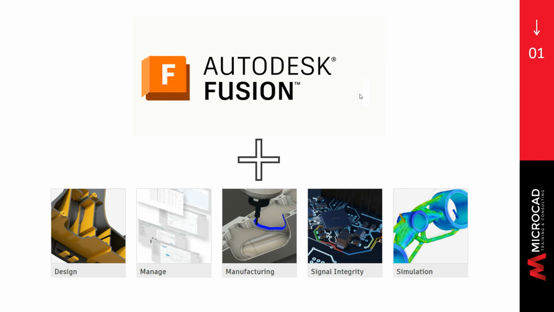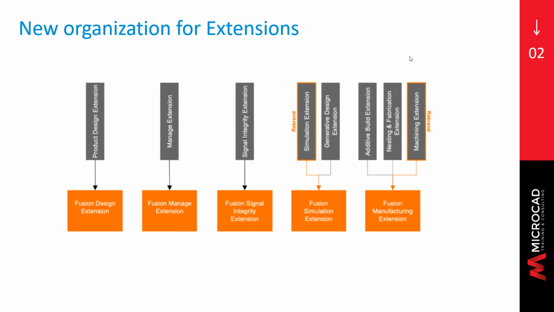So some of these names might be familiar to you already, but you might be wondering what happened with the other ones. All right. So this is how this has been organized. The design extension is pretty much the same as it was before. All the plastic design tools, volumetric lattices, all of those tools are still there.